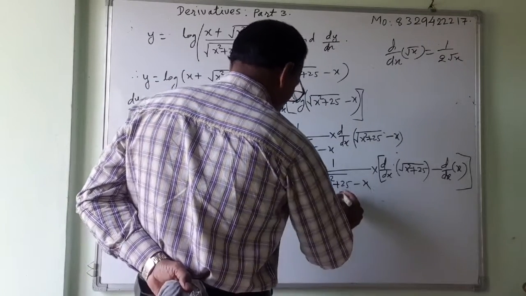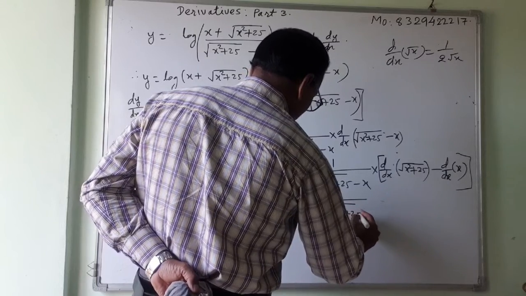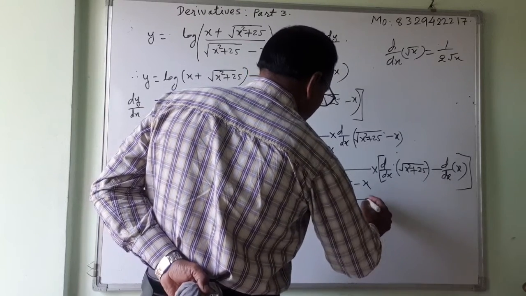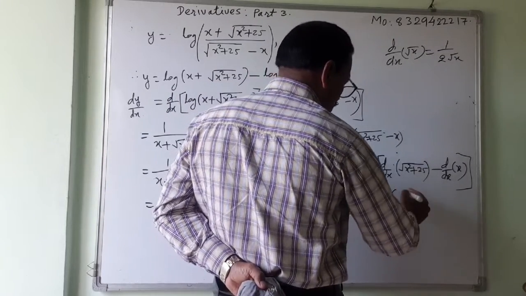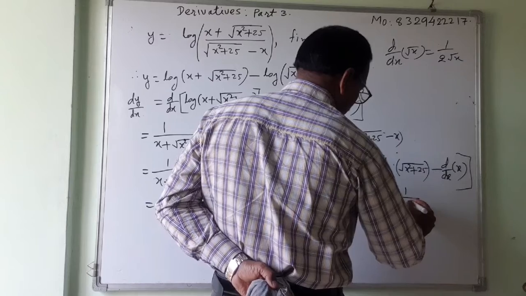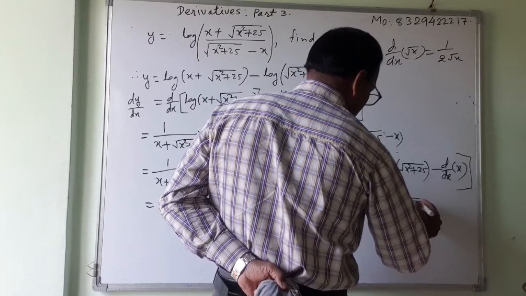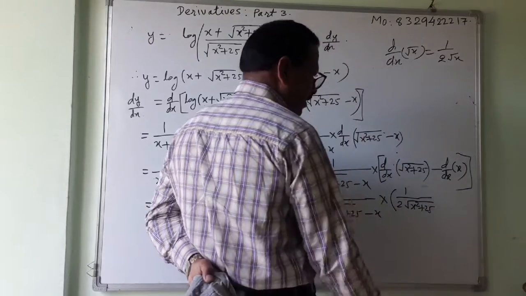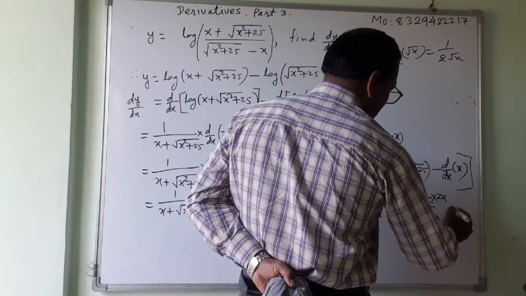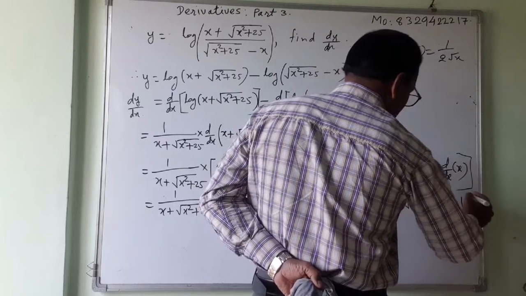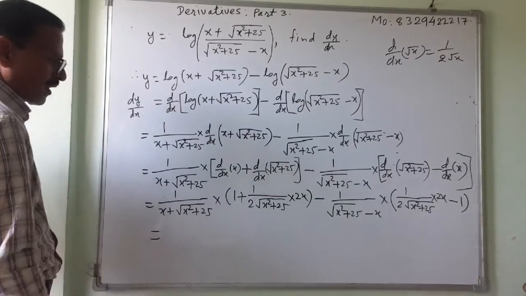Minus 1 upon under root x square plus 25 minus x into, now the derivative of root is 1 upon 2 root of x square plus 25 into the derivative of x square plus 25, that is 2x, minus the derivative of x, which is 1.